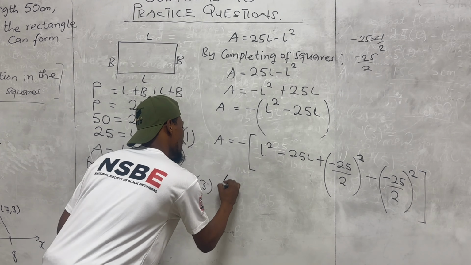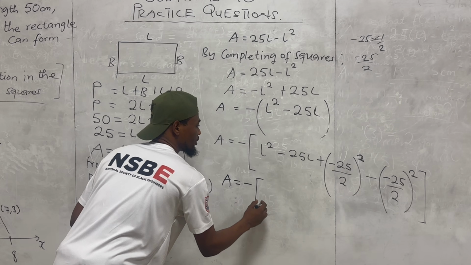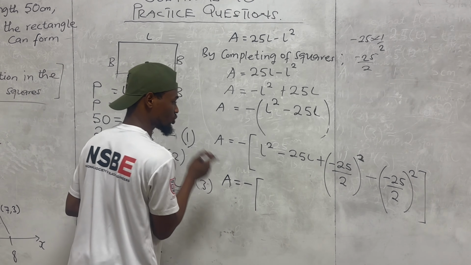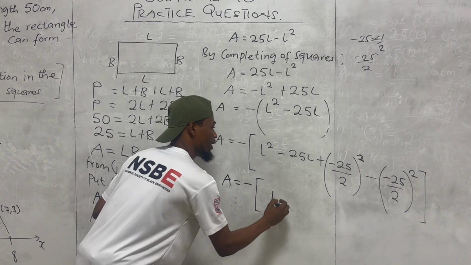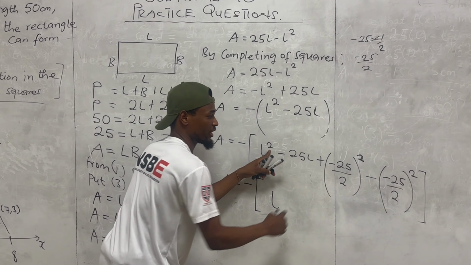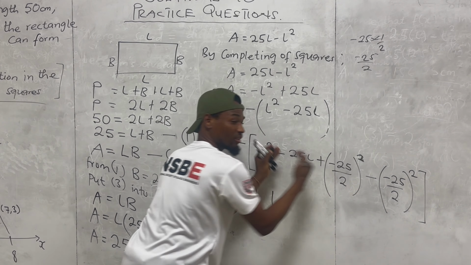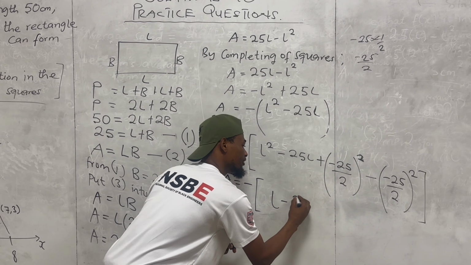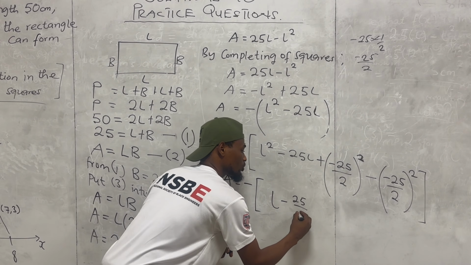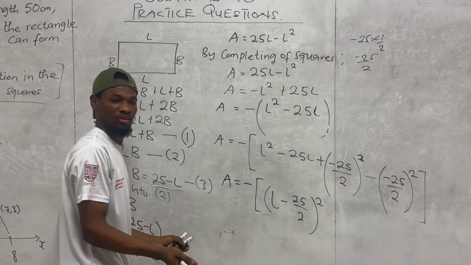So I have A is equal to negative, and I can decide to do it this way. I have L squared and this, so I'll bring this together: negative, L minus 25 over 2, squared.